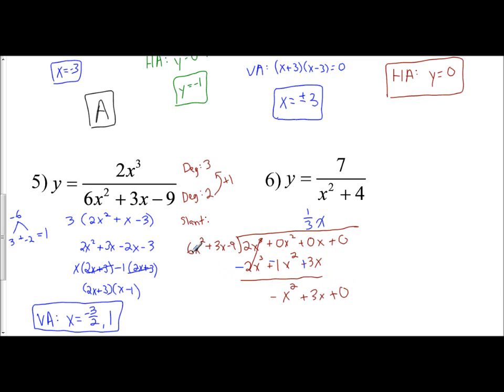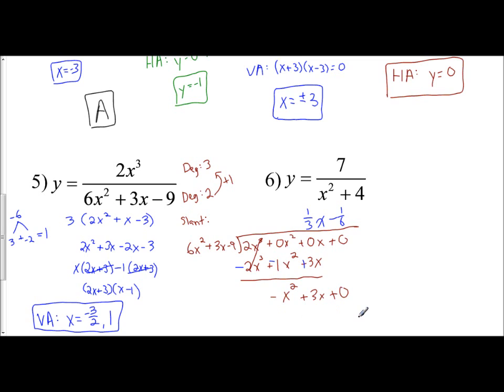And now again, what do I multiply 6 by to get -1? Well, you would divide by -6. So dividing by -6 is the same as multiplying by -1/6. Now I could distribute, but if you take a look, the reason why I line up my x's by my x's, my constant by my constants, and so on, is because it allows me to know when I am done with my long division. I can't go any further.